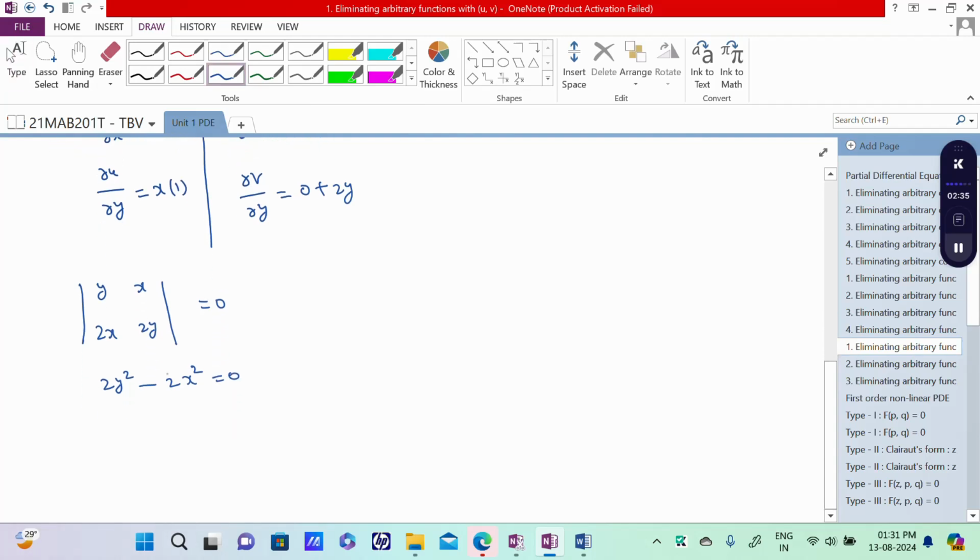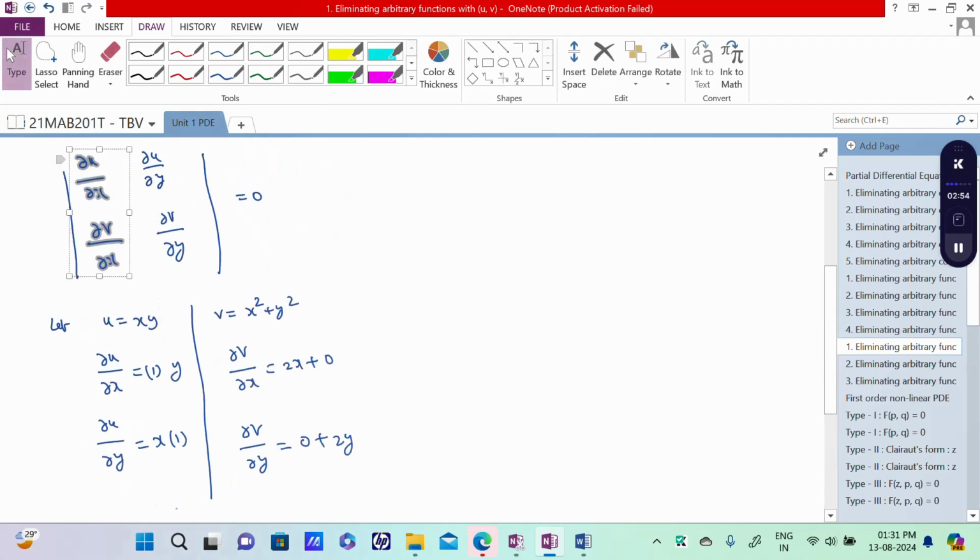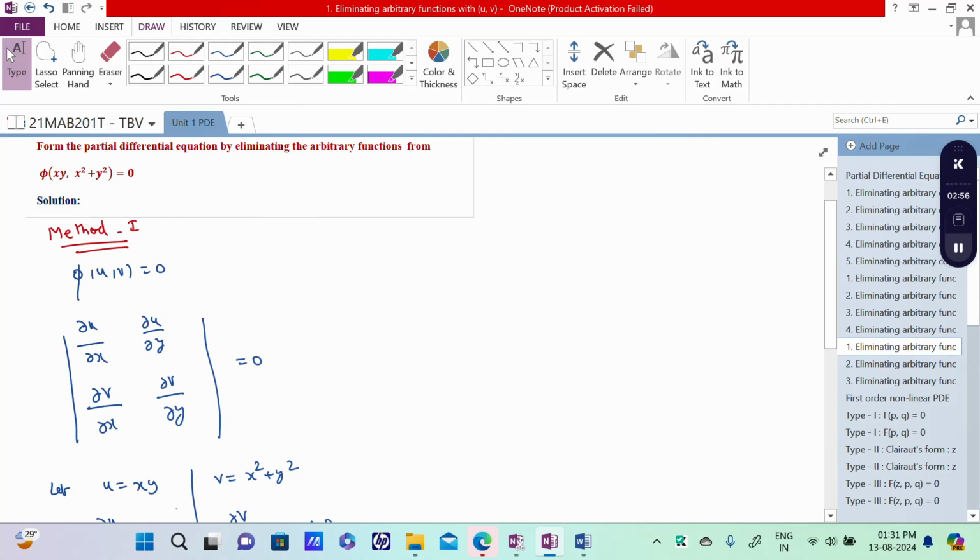When I take 2 common, the 2 cancels, and y square minus x square equal to 0. Now the function is eliminated. This is the first method, which applies with the determinant of this form.